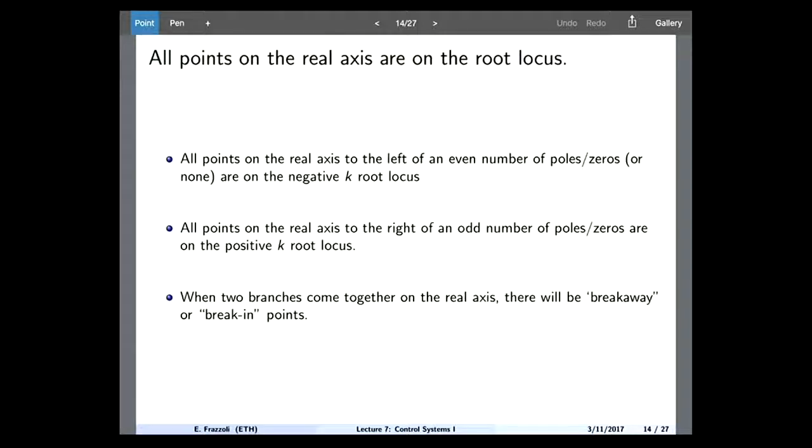First consequence of everything we said up to this point: all the points on the real axis to the left of an even number of poles or 0 are on the negative K root locus. Why is that? Let's say that we have a number of poles like that.